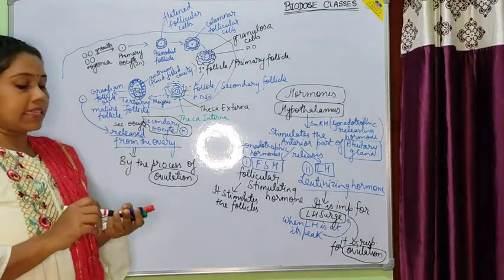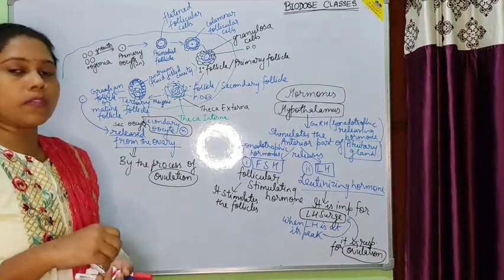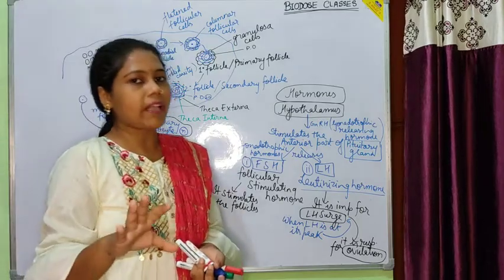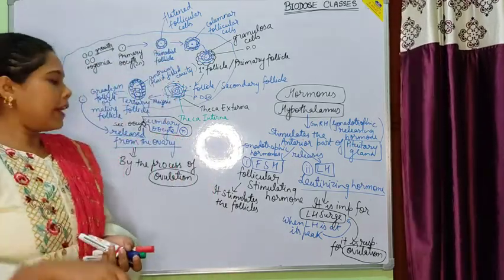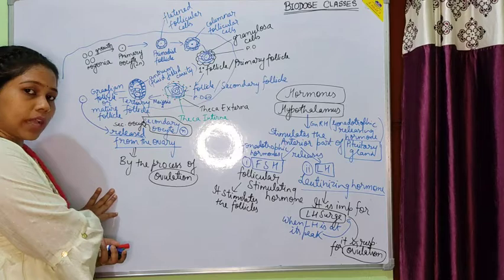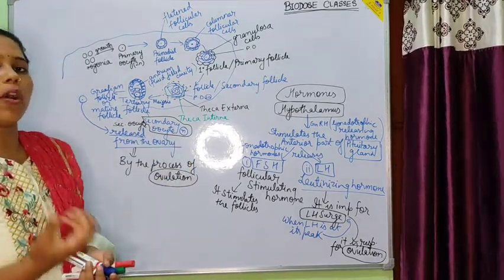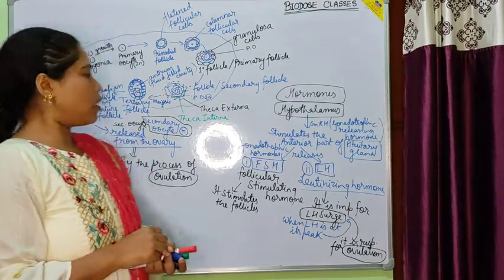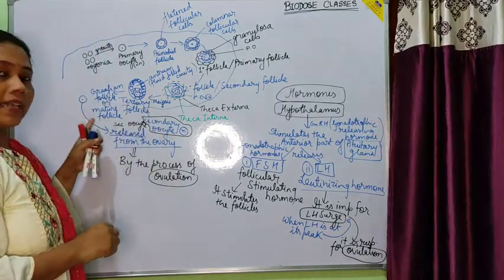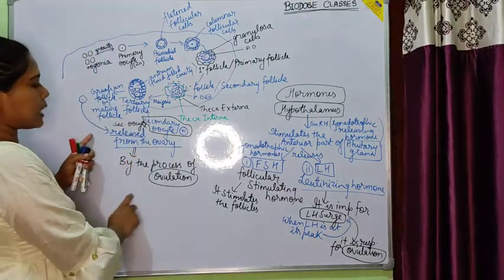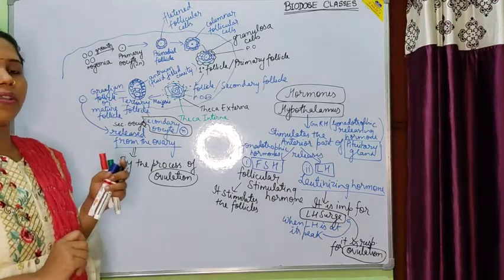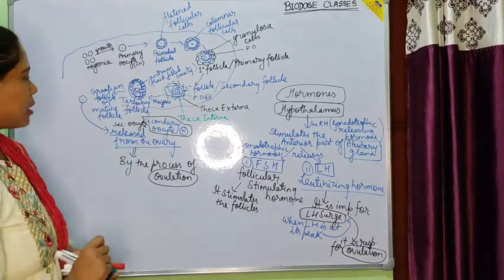So now we can say that in the process of ovulation, it is not the egg which is released, but it is the secondary oocyte, and this structure is also haploid in nature, and your egg is also haploid in nature. So meiosis 1 is completed before the release of the secondary oocyte by the process of ovulation.